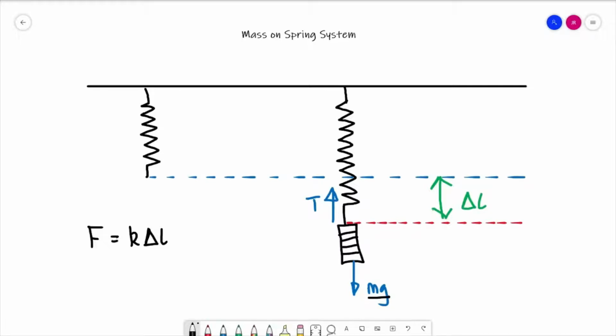Now of course the force, as we said, is that weight, so we can therefore write mg is equal to k delta L, and we'll be using that equation a little bit later on.